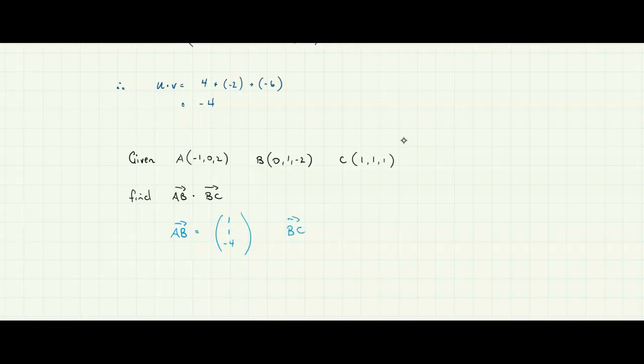For BC, going from B to C, we go up 1, 0, and up 3. So (1, 0, 3). Therefore, my dot product AB dot BC will equal 1 plus 0 minus 12, which is -11. Okay, let's hit exercise 11J, on page 589, and I think we can do all questions there.